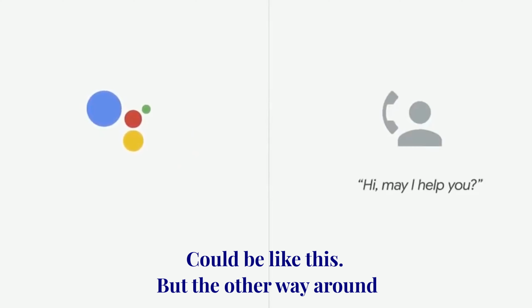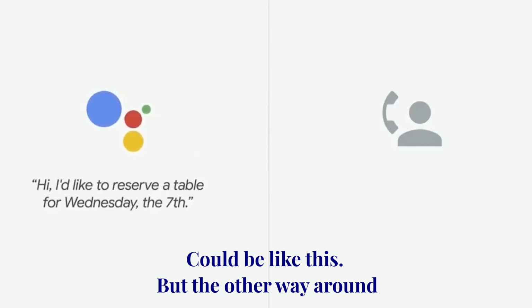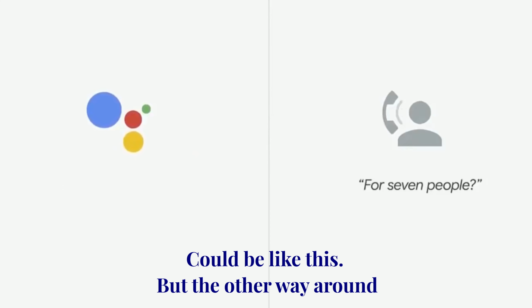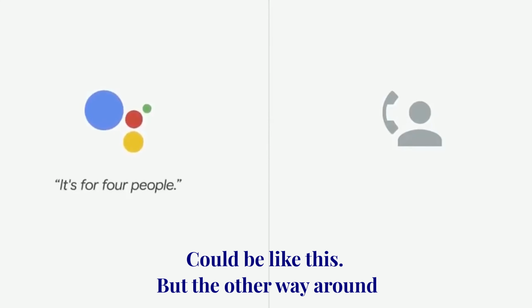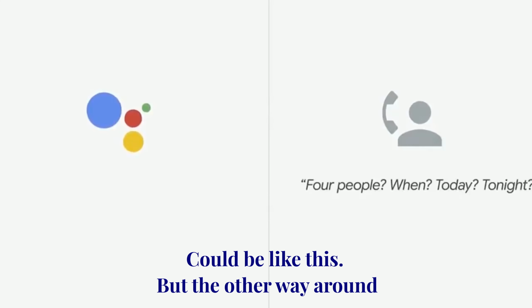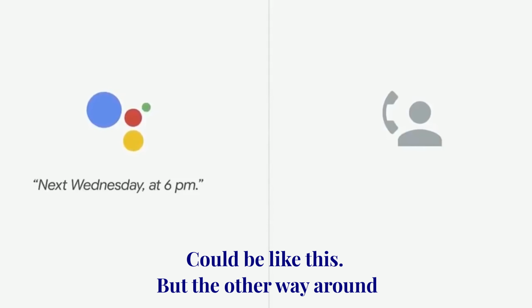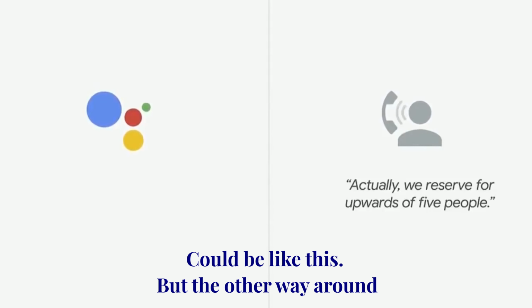How may I help you? Hi, I'd like to reserve a table for Wednesday the 7th. For 7 people? It's for 4 people. 4 people when? Next Wednesday at 6 p.m. Oh, actually we reserve for like after like 5 people.